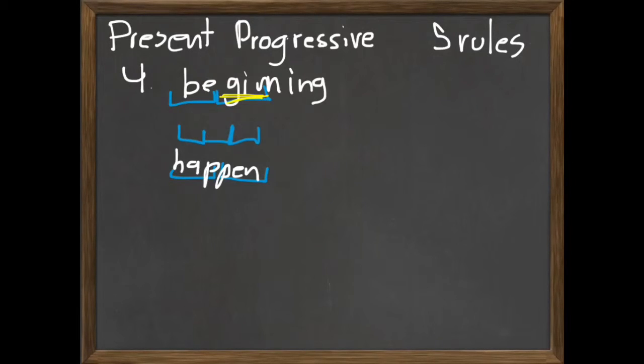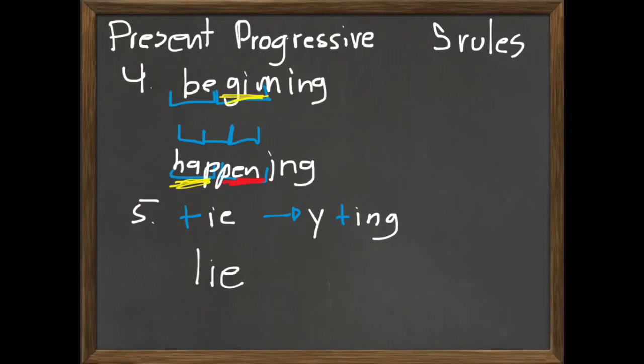But when the last vowel is not stressed, like in this example, happen. Hap is the stressed vowel. The consonant doesn't double, and you just add an ing. And lastly, the fifth rule, for any verbs that end with ie, the ie will change to y before the ing.